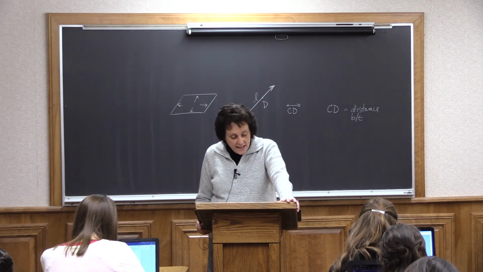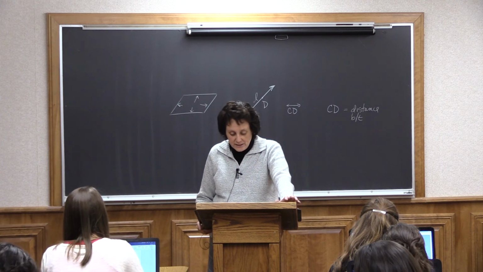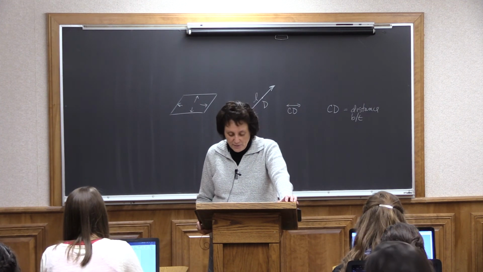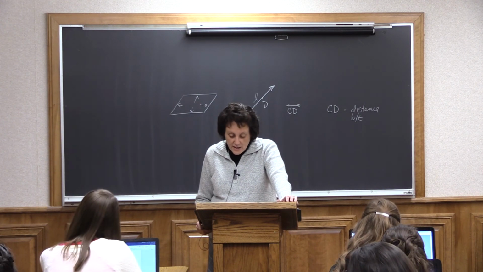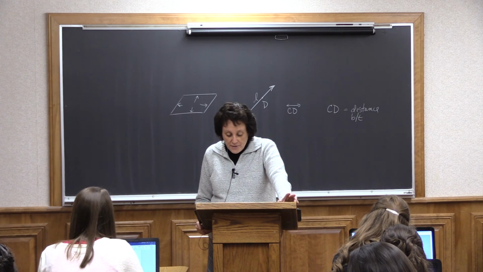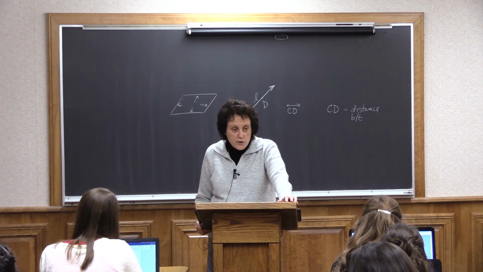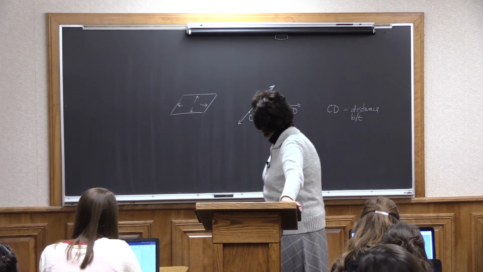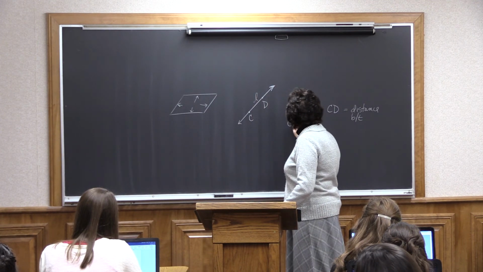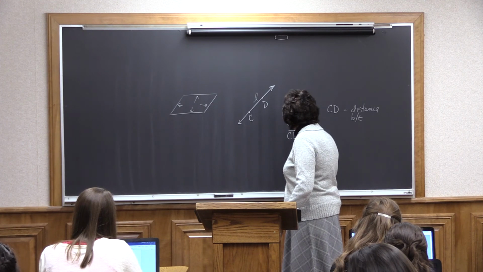So lines, let's talk about lines for a while. We're going to talk about special lines, types of lines, and then properties of lines. So first of all, other figures that are defined with respect to line. There are 2 other figures we could take on the board. We have line CD, but also on the board we have segment CD, and we have ray CD.